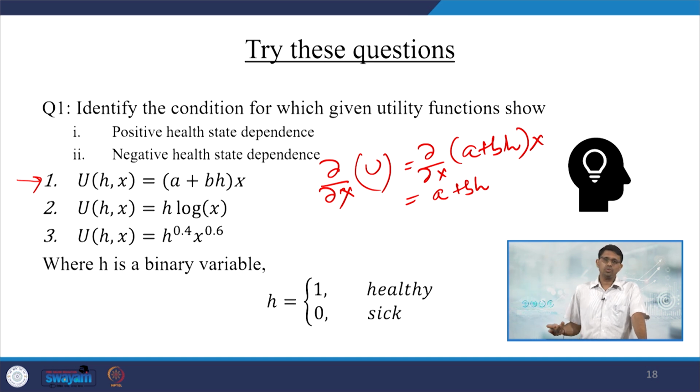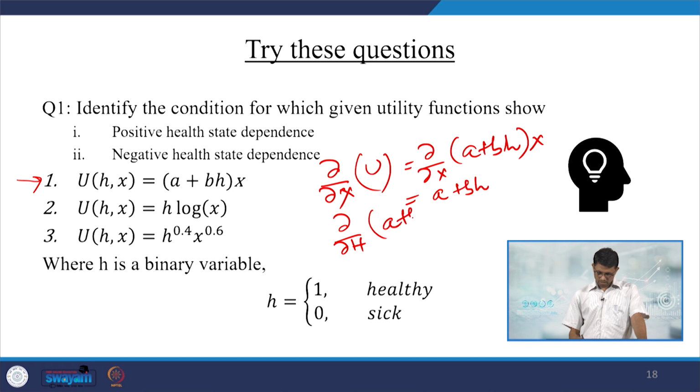If you are taking consumption, you are explaining precisely your utility function, which standard microeconomics theory emphasizes. But here in health economics, we are supposed to attach it to health state. So the next function should be d by dh, with respect to health.